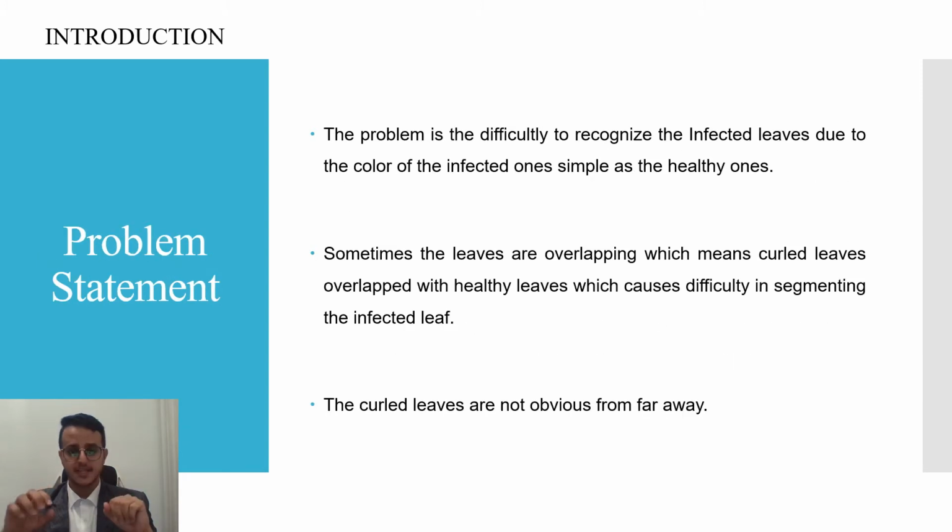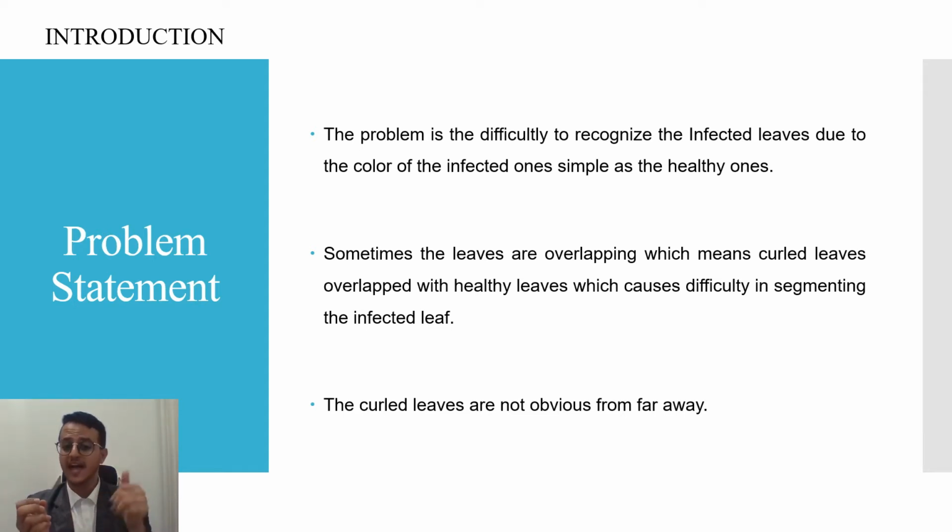In this project, distinguishing between the healthy leaves and the infected ones is challenging, especially if they are far away. Sometimes the leaves are overloaded. This problem makes the killed leaves hide behind the healthy leaves and makes them difficult to distinguish.